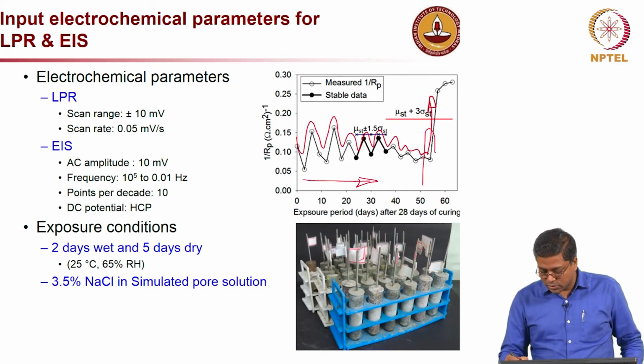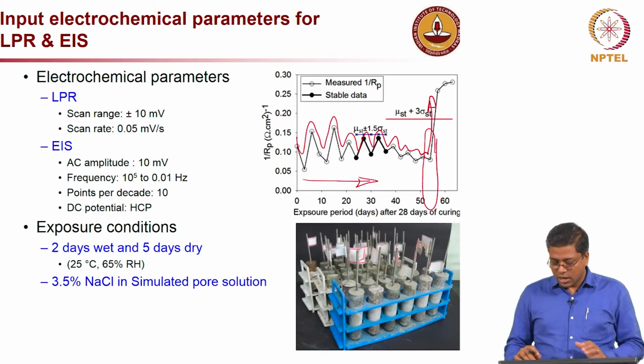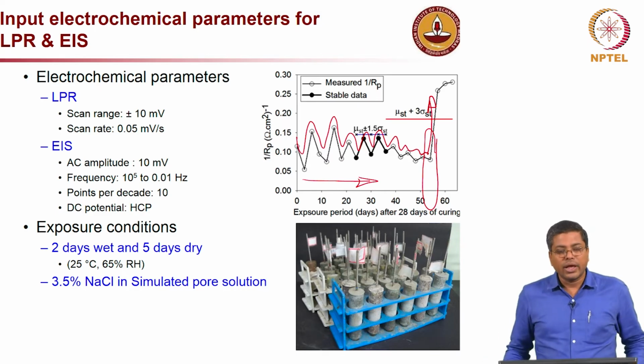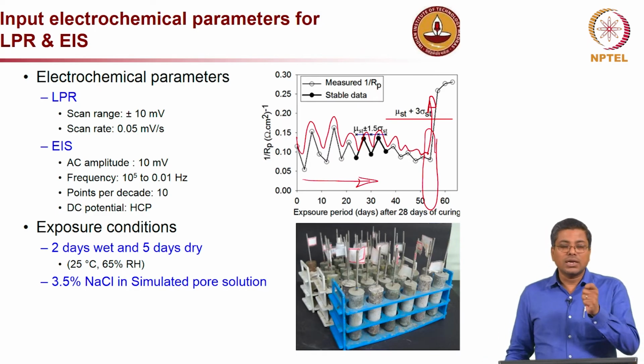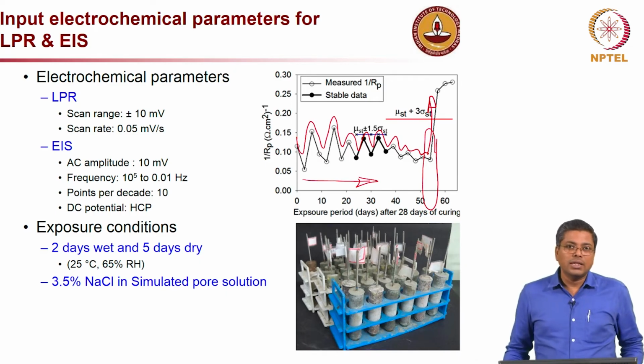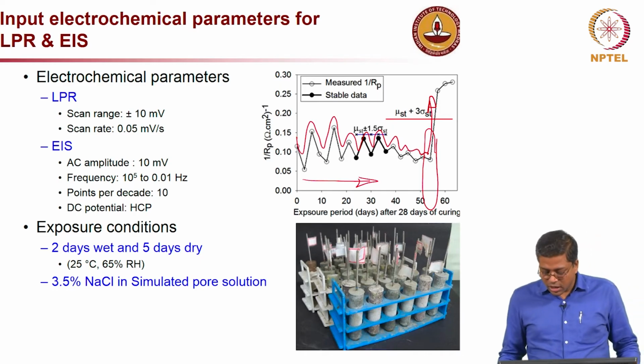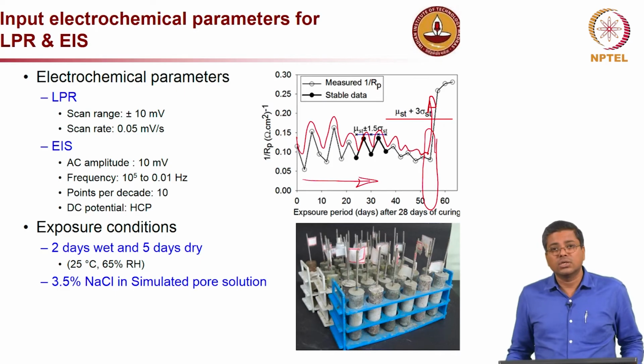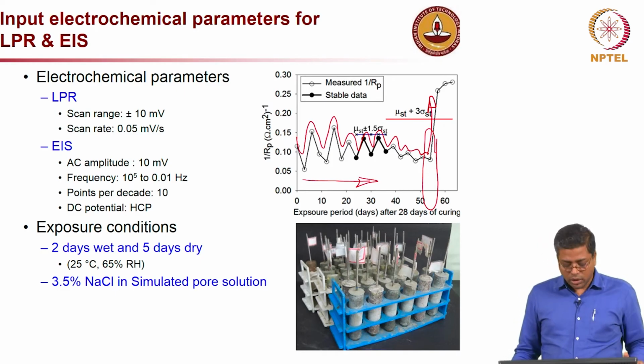So, we can say at this point corrosion initiated, then at that point you open or break the specimen and see the amount of chloride at the steel concrete interface by doing a chemical test, and that particular chloride concentration is defined as the chloride threshold.